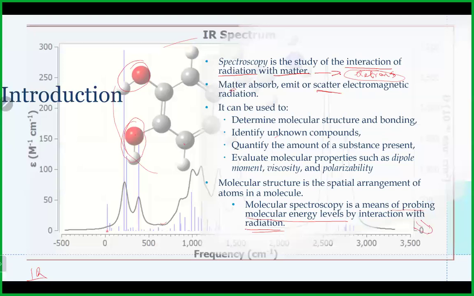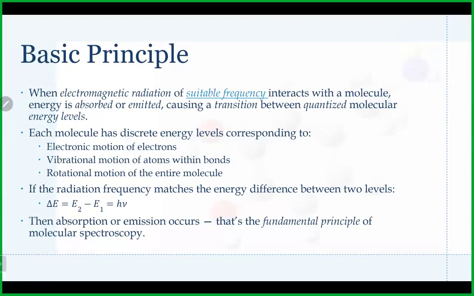This leads us to the basic principle behind molecular spectroscopy in general, which is that when you have a sample and then you shine light on it, for those of us that enjoyed our childhood, you remember that if you shine light on any prism or something, you see different colors. Now if you go further, you would see more other things.